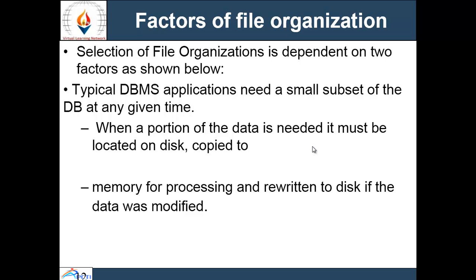For example, if we want to retrieve student records in alphabetical order of name, then sorting the file by student name is a good file organization. However, if we want to retrieve all the students whose marks are in a certain range, then a file ordered by student name would not be a good file organization.